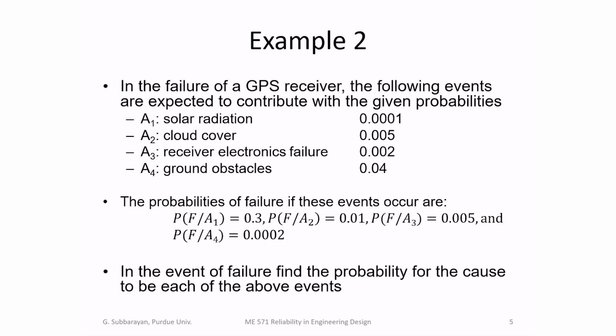So in example 2, we are going to illustrate how in practice we will apply conditional probability theorem, the Bayes theorem. So oftentimes, as I described before, in any product failure, we will have multiple causes.